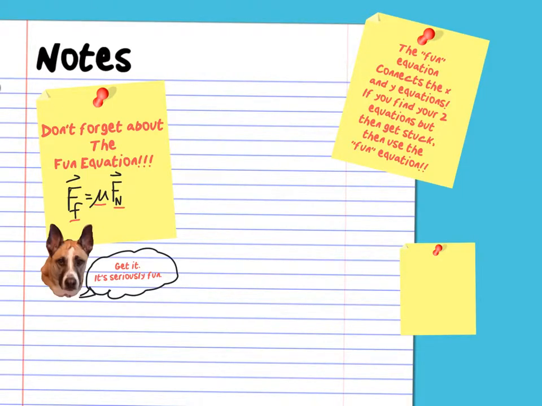Once you get your x and your y equations, you still might get stuck. If they're asking for the coefficient of friction, or if they're asking for the mass of the block, you might be in trouble. So this is where the fun equation comes in. This is your force of friction, or in the other slide, I just made it little f, depending on the notation that your book uses.